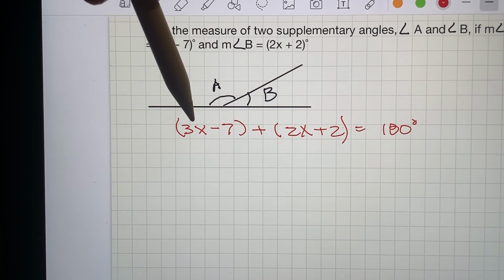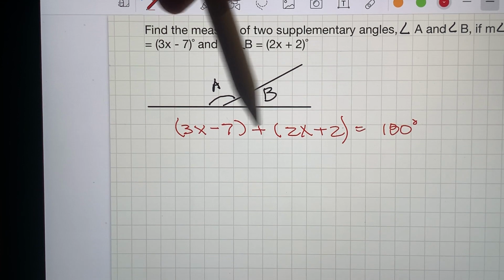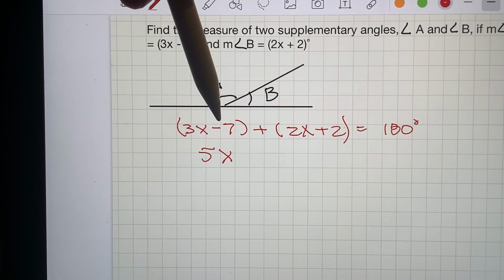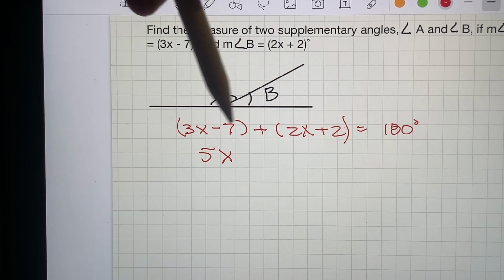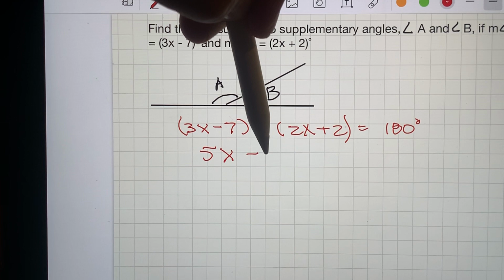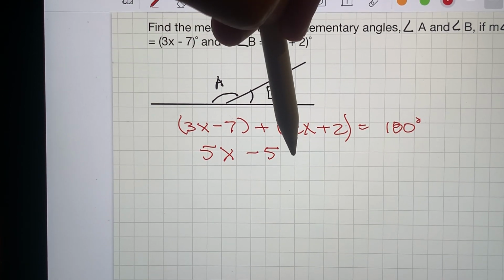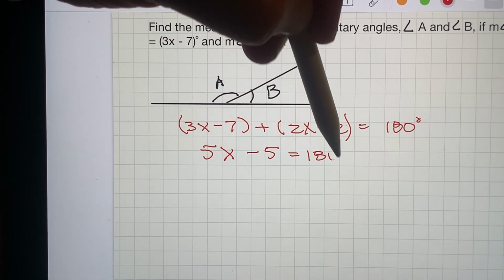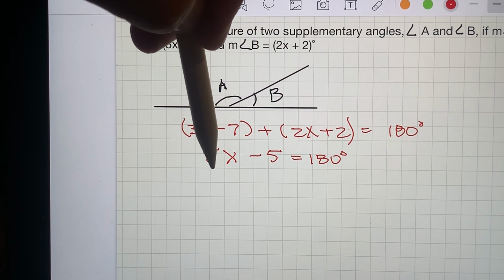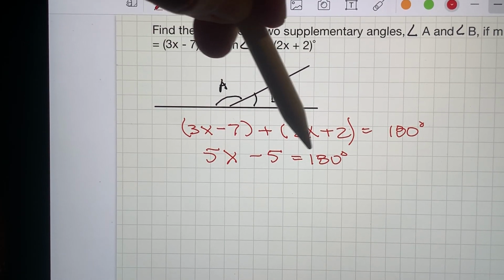So now I can add these two together. So 3x plus 2x is 5x. But then notice I have negative 7 plus 2. So that means that I have a negative 5. And that is the same as 180 degrees. So 5x minus 5 equals 180.